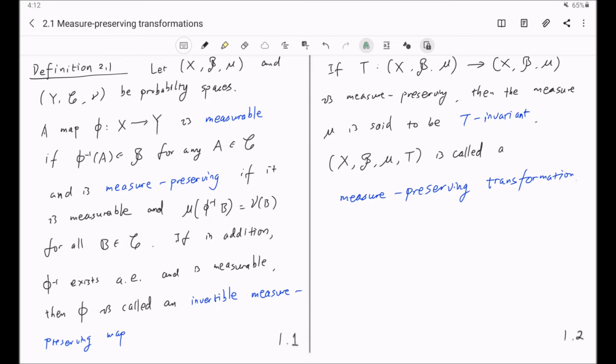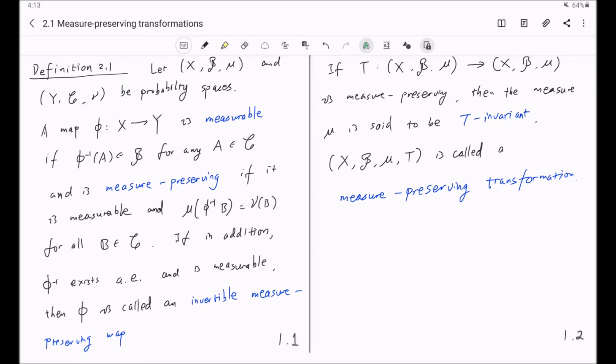But recall that in measure theory, instead of using sets and measures, sometimes equivalently, we can use functions and integrations, because sets can always correspond to functions through indicator functions, and measures correspond to integrals. So there should be an equivalent definition of this in terms of the functions and integrals.